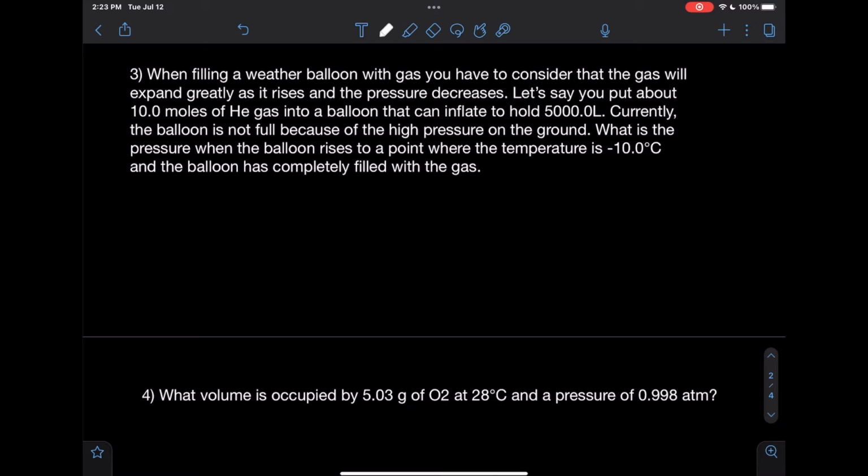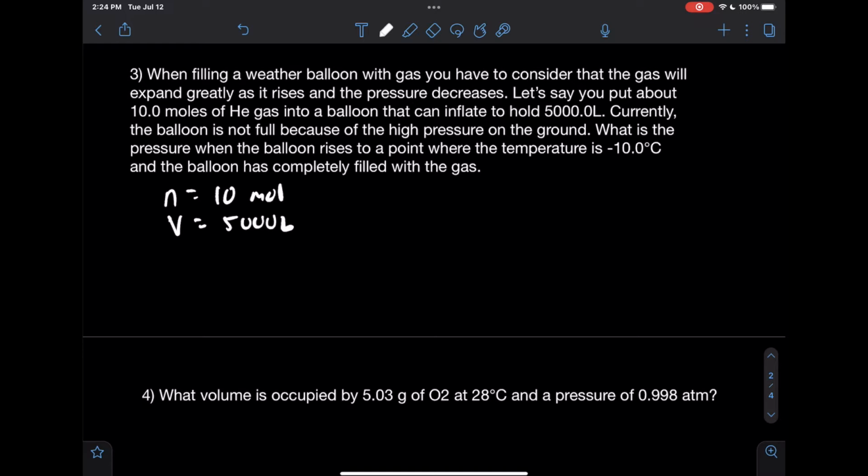The next question is asking, when filling a weather balloon with gas, you have to consider that the gas will expand greatly as it rises and pressure decreases. Let's say that you put about 10 moles, so now our n is equal to 10 moles, of helium gas into a balloon that can inflate to hold 5,000 liters. Currently, the balloon is not full because of a high pressure on the ground.